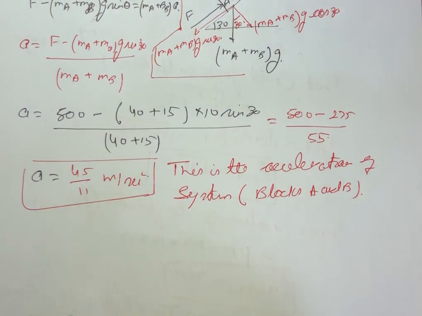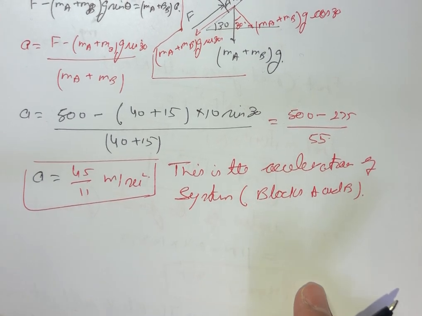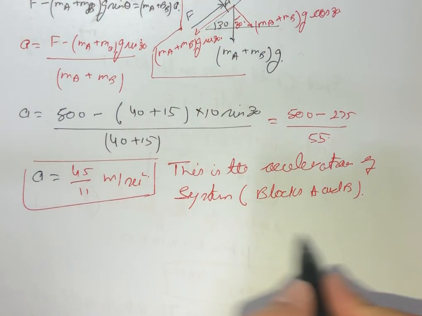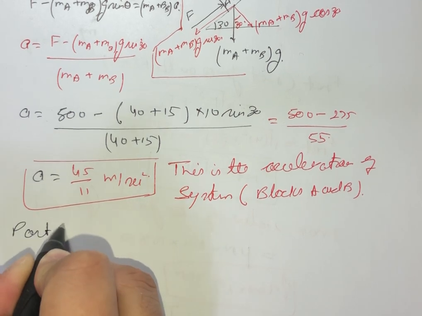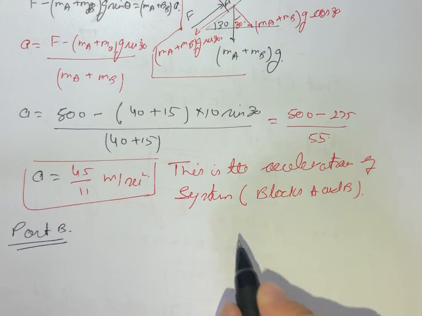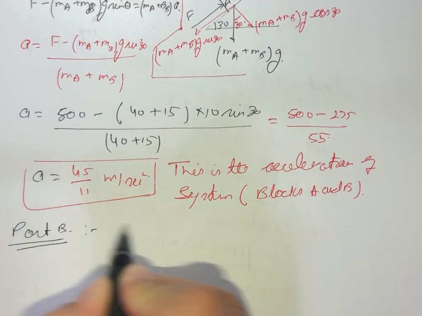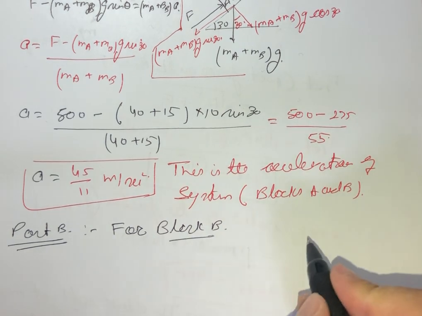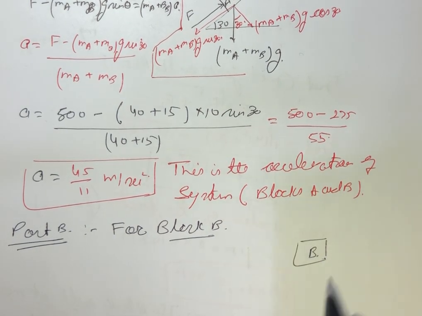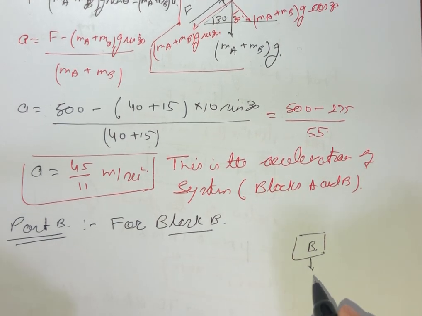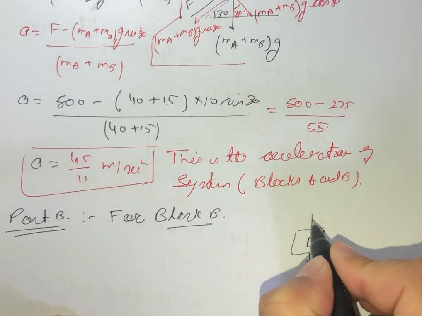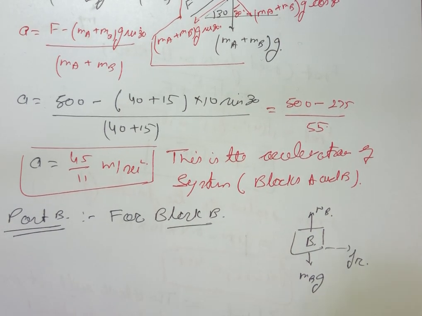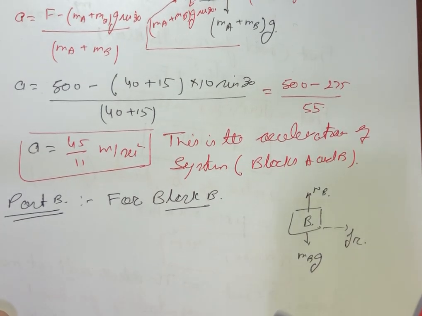Now we are going to find the coefficient of friction between A and B. It is said that both of them are moving together, so let us deal with part B, for block B. This is our block B. In the downward direction we have MB G, in the upward direction there is a normal NB, and the frictional force will be FR, and it is also moving with acceleration A along the inclined plane.